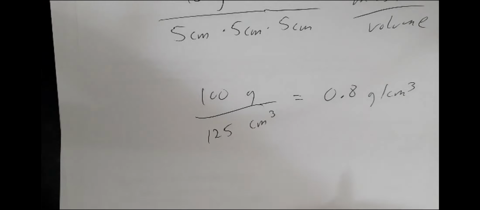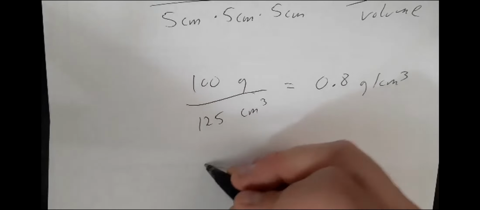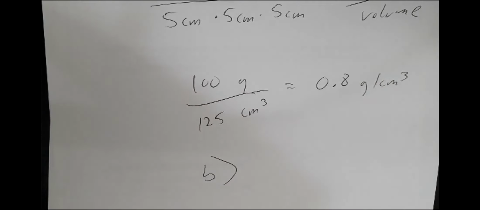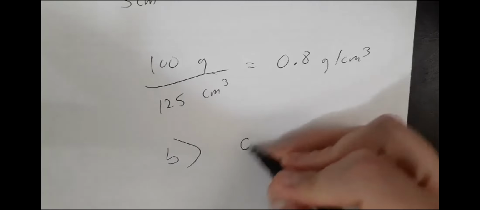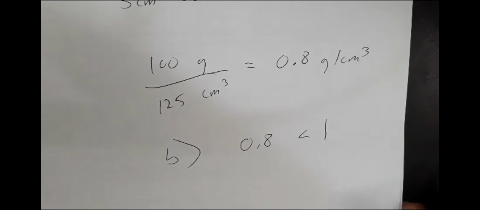So this is part A. Part B says, will it float or sink? It's a 50-50 shot. So if water is 1 gram per centimeter cubed, is this thing going to sink or float? Float. It's going to float because 0.8 is less than 1, right?